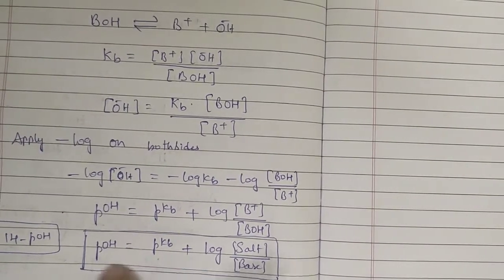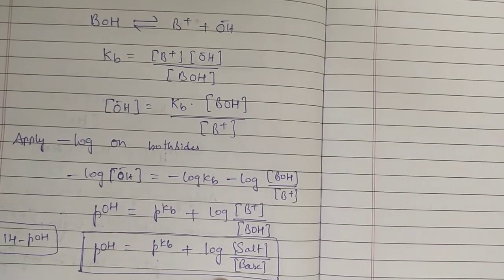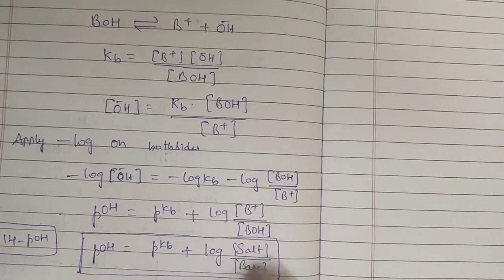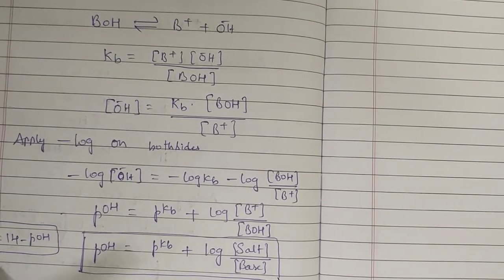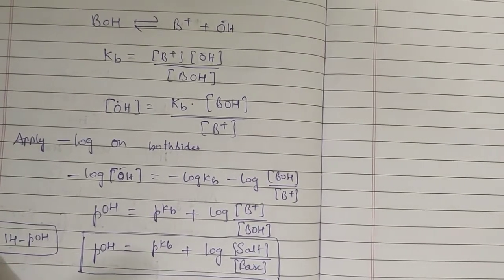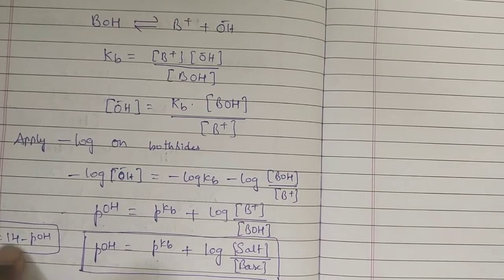Better to remember this formula, but they will definitely ask pH only. They will give all these values and ask pH. Then first find POH by using this formula. After that, substitute in this formula pH is equal to 14 minus POH, and you will get the pH value.